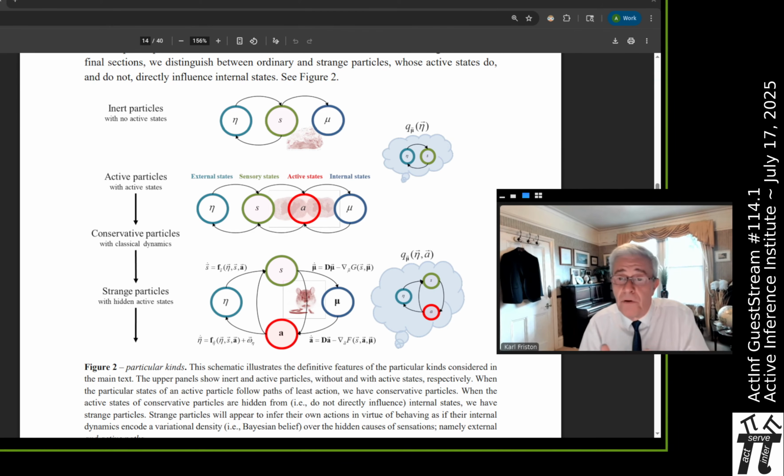So I think there's possibly a vague spectrum of things that just look very myopically into the future, say viruses, and things that look quite a long way into the future, things like you and me.